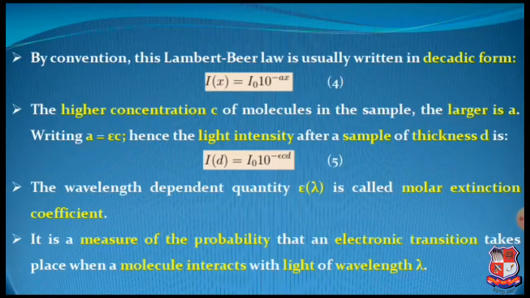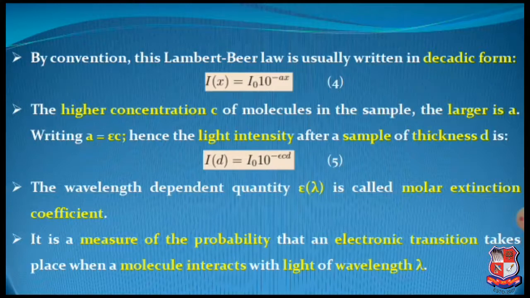By convention, for easier solution, this Lambert-Beer law is usually written in decadic form. Instead of the exponential term, we are replacing equation number 3 with the natural 10 decadic form. So I(x) is equal to I0 10 raised to minus a x.